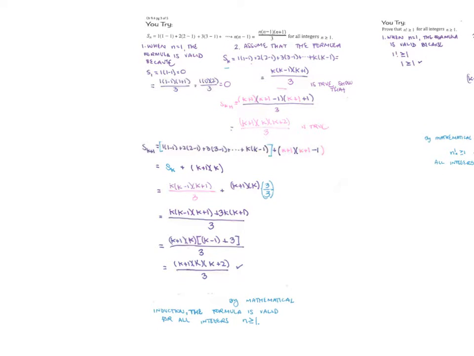Hopefully you got the same answer here, just some algebra involved, substituting and putting things in the right place and so forth. And so this is the work that you need to show. You do have to show this part here. You can't just show me this ending part here. You have to write this whole thing, what S sub k is, substitute, and then get a common denominator and so forth, and write this at the end.